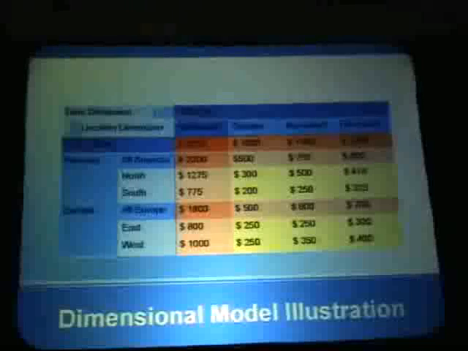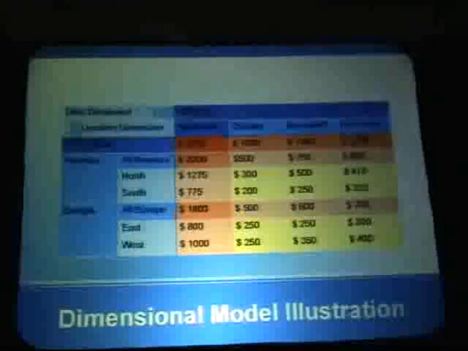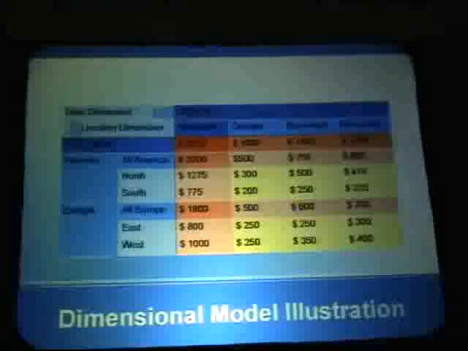There's another aspect about these dimensions you're seeing here, because the dimensions are organized in hierarchies. So along the horizontal axis we see time, and on the far top we see the quarter. But the quarter itself can be divided into individual months, right?